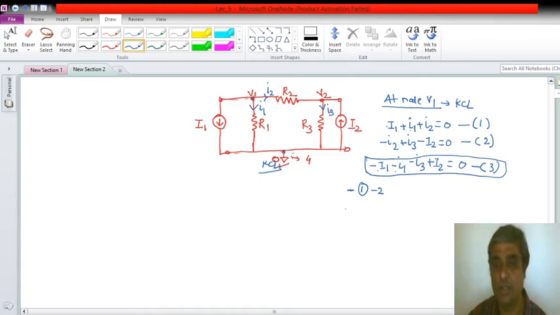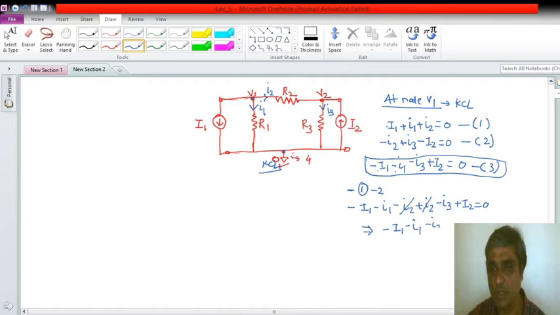So let us see, it will be minus I1 minus I2, and subtract this, so it will be plus I2, this will be minus I3 and this will be plus I2, which is equal to 0 suppose. So this minus I2 and I2 will cancel. So what is the resultant? Minus I1 minus I3 plus I2, that is equal to 0.